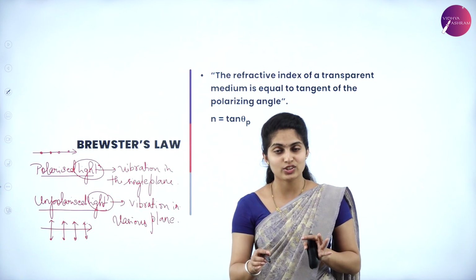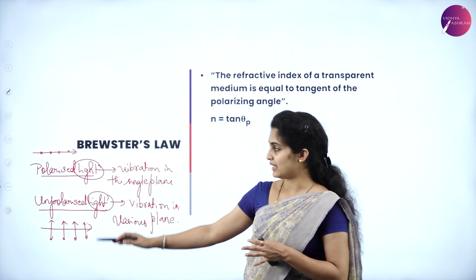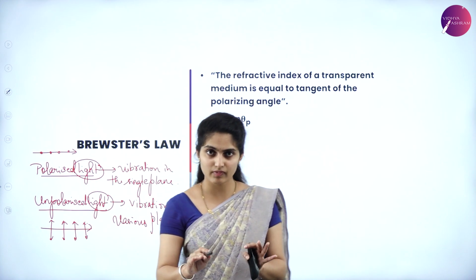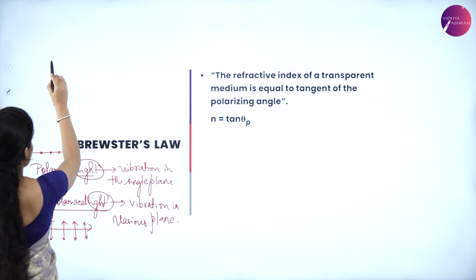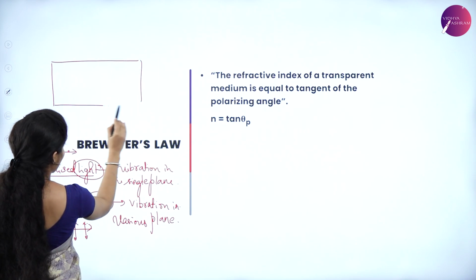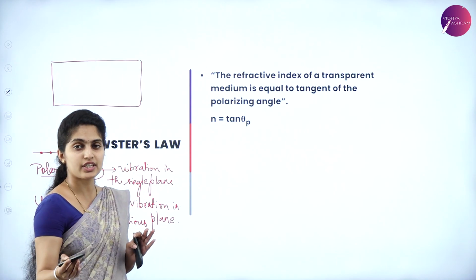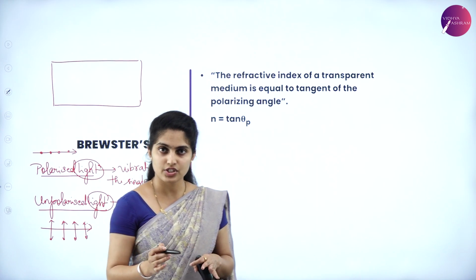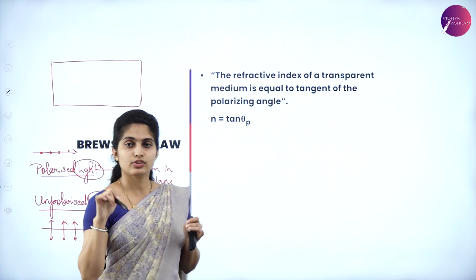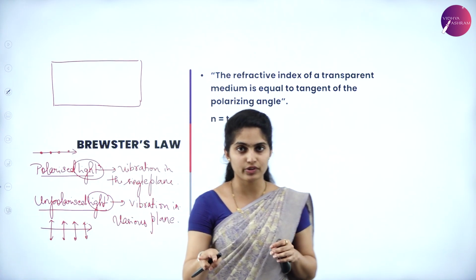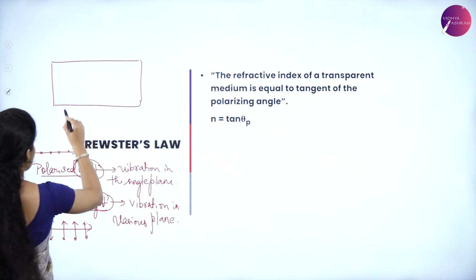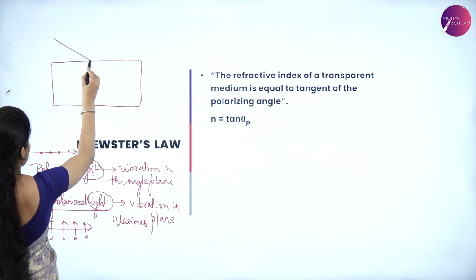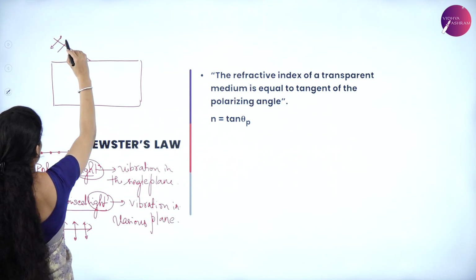Having this as a base, we know that refraction takes place in denser and rarer mediums, and reflection takes place at a surface. Here we study both reflection and refraction. That means the incident ray is said to be unpolarized.